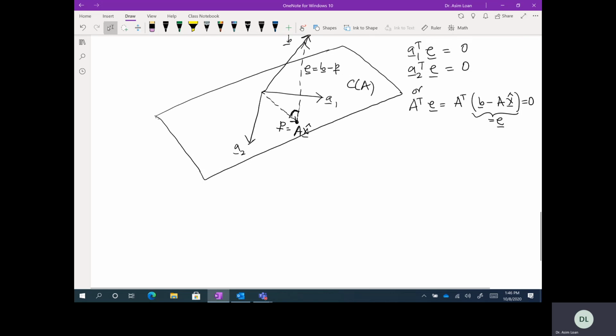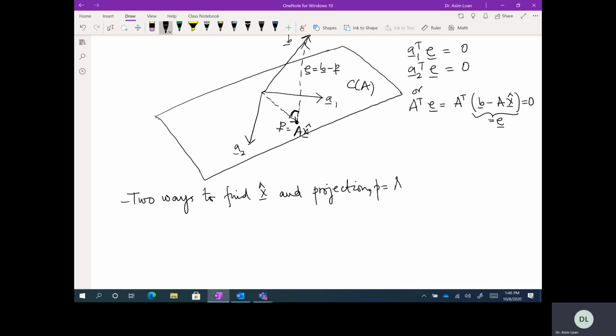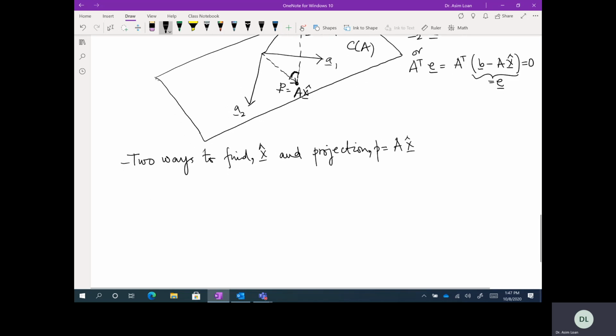There are two ways to find X hat and the projection P equals A X hat.